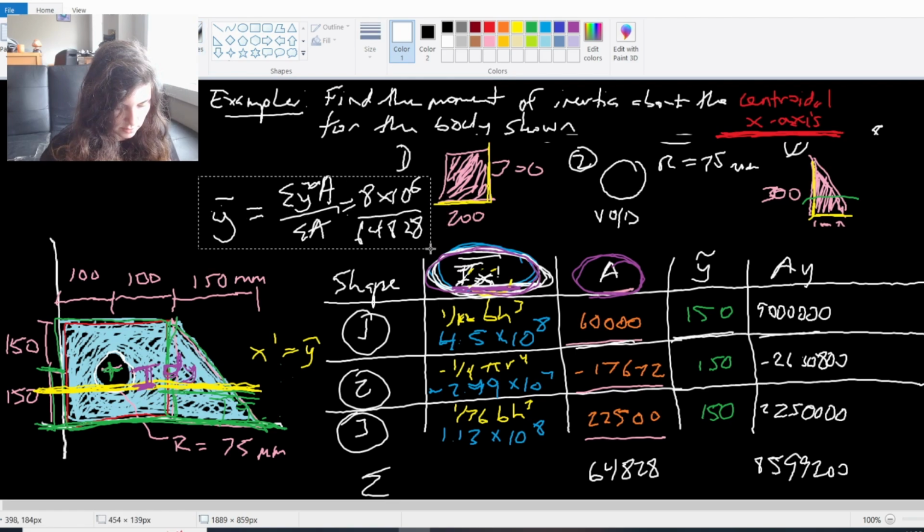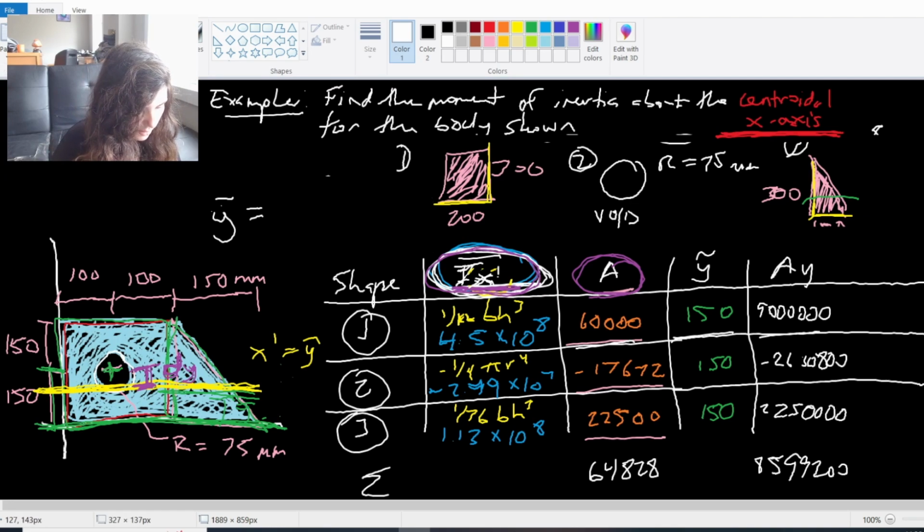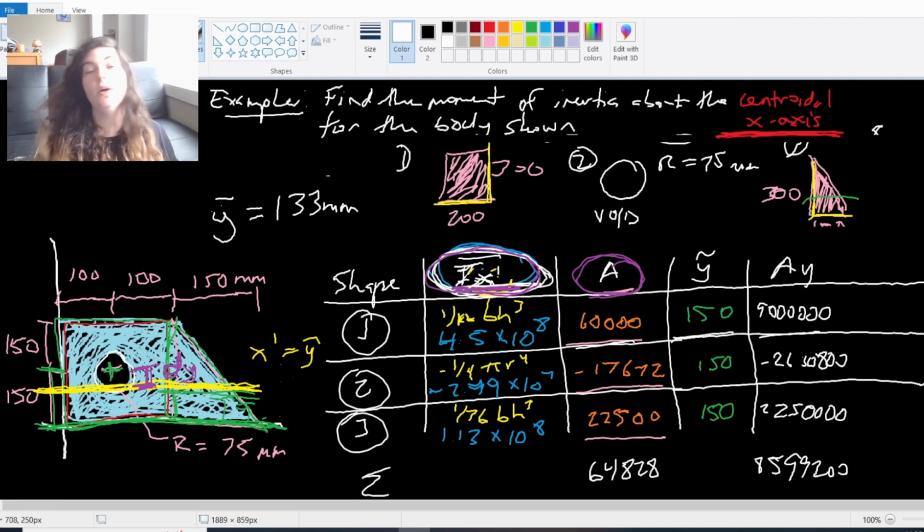I'm going to delete just this part, because when I plugged that into my calculator, it gave me 133 millimeters. So my centroidal x-axis sits at this 133 millimeters, just under the centroids of my square and circle, and just above the centroid of the triangle.